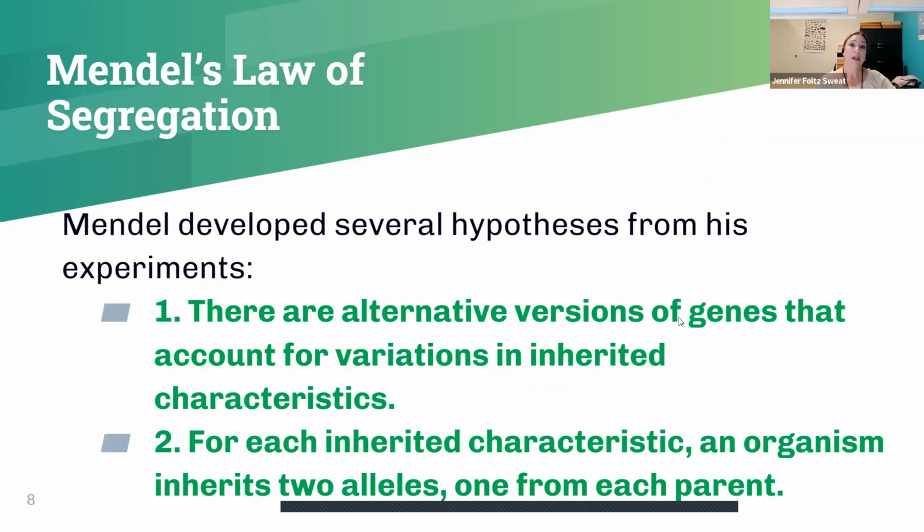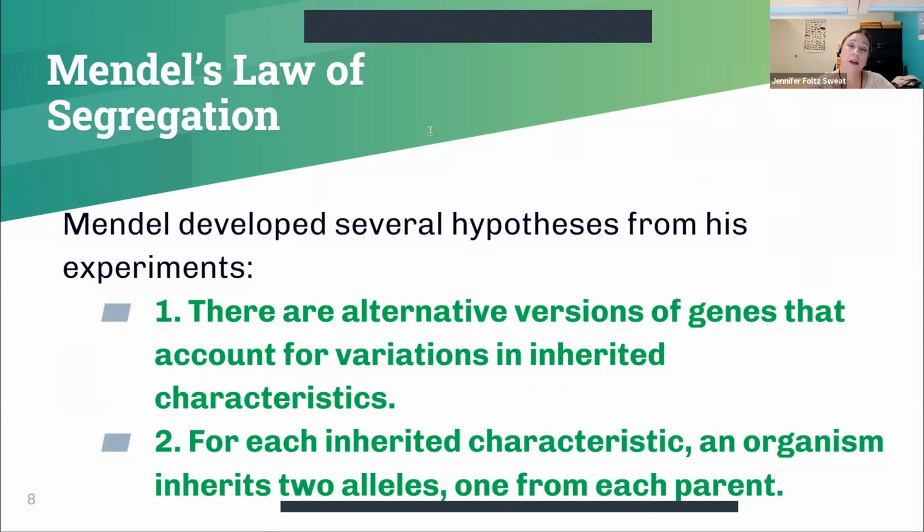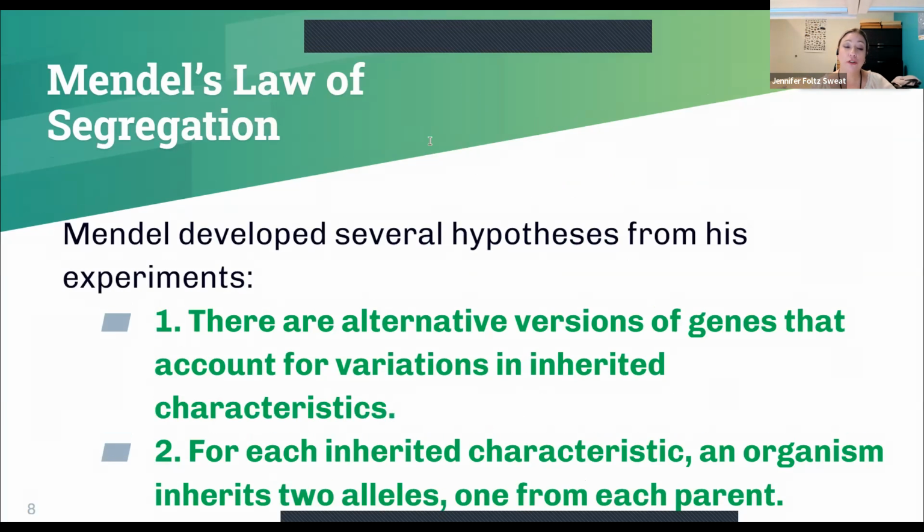From his work, Mendel developed the law of segregation. There are 4 statements, and we will go over each one and simplify it somewhat. His first statement is that there are alternative versions of genes that account for variation in inherited characteristics.